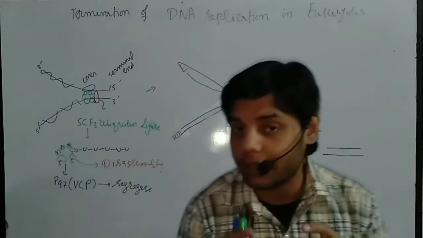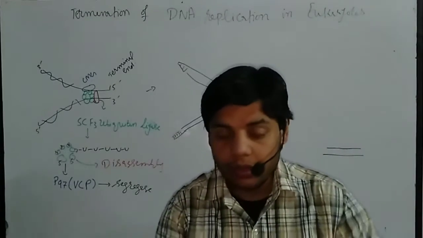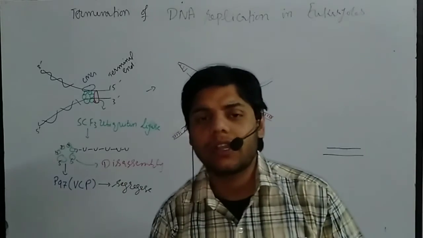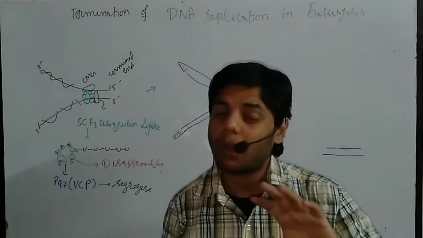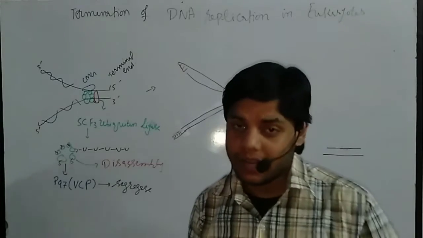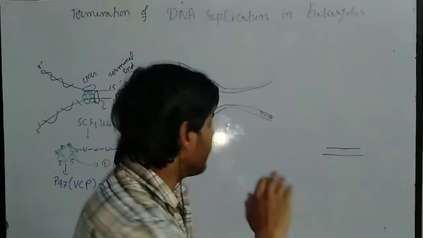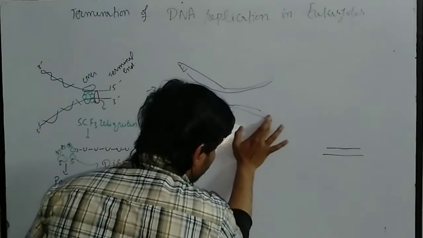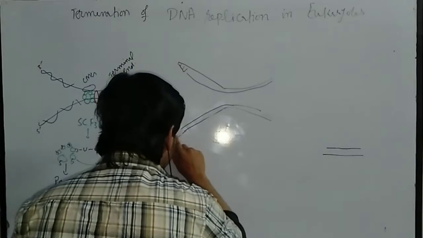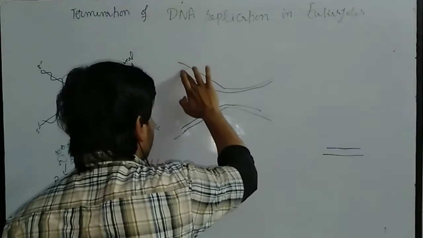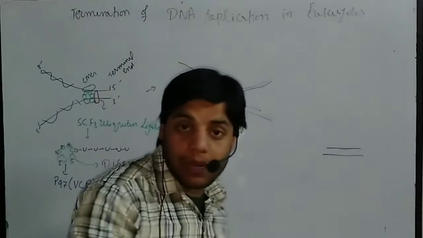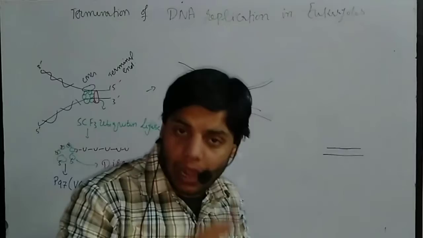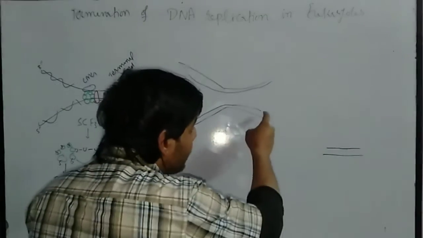Now this is the eukaryotic DNA. In eukaryotic DNA we have a linear DNA molecule, and in eukaryotic DNA termination, a problem is usually created. Why? Because whenever the primer is removed, it should be removed from that specific site, as you can see, both from the leading and from the lagging strand at the terminal side. So when at the terminal side the primers are removed, what actually happens?